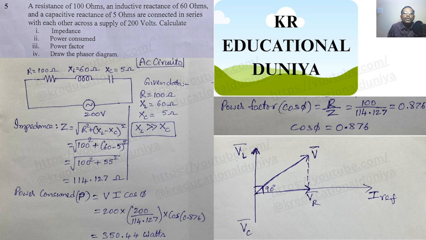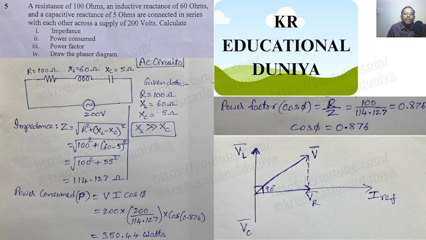So here you know the phi value. What is the phi value? The cos phi value is 0.876 lagging. Why? Because the current is lagging. So cos phi is 0.876.